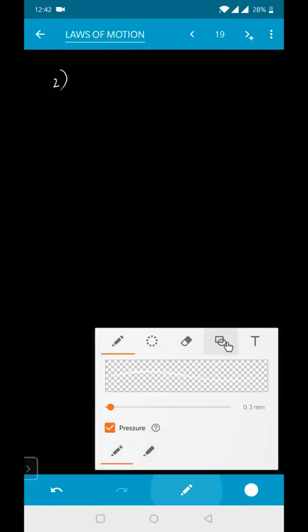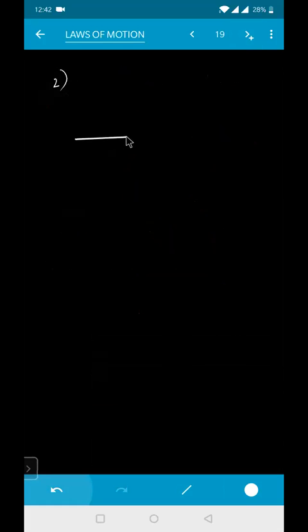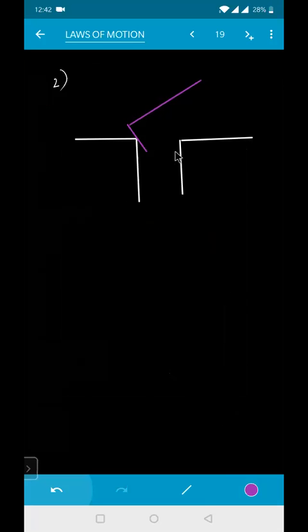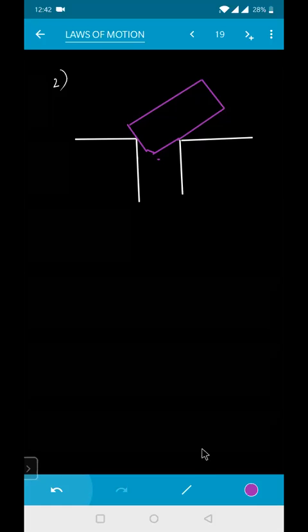So say for example, tell me what are the forces acting on this one?